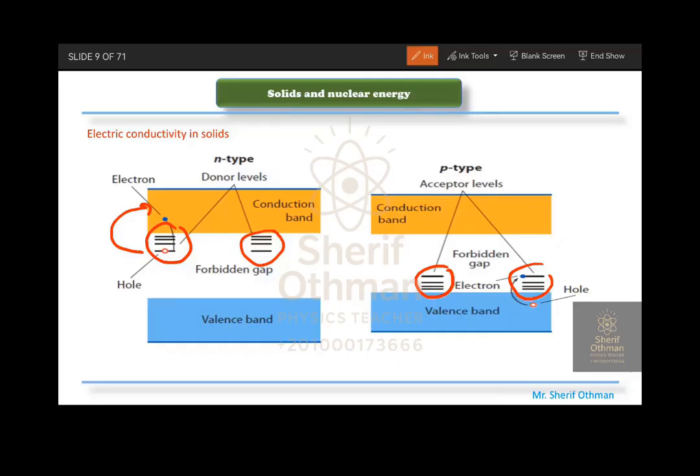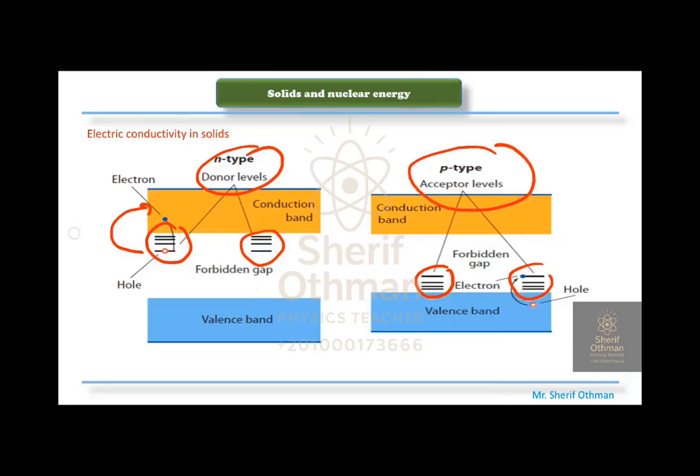If the charges are negative, it will be close to the conduction band, which occurs in N-type donor levels. And if the charges are holes, the Fermi level will be beside the valence band, and this type is P-type, with acceptor levels.